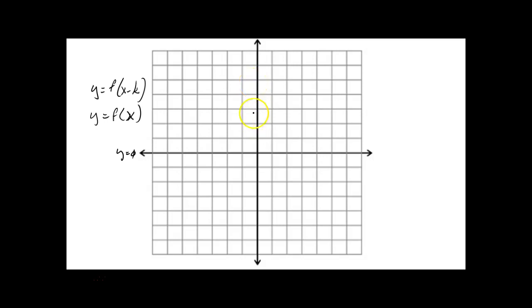Now if your first function was this, arbitrarily, and your next one was f of x minus k, that would just translate it k units from here to here. That would be your k units.